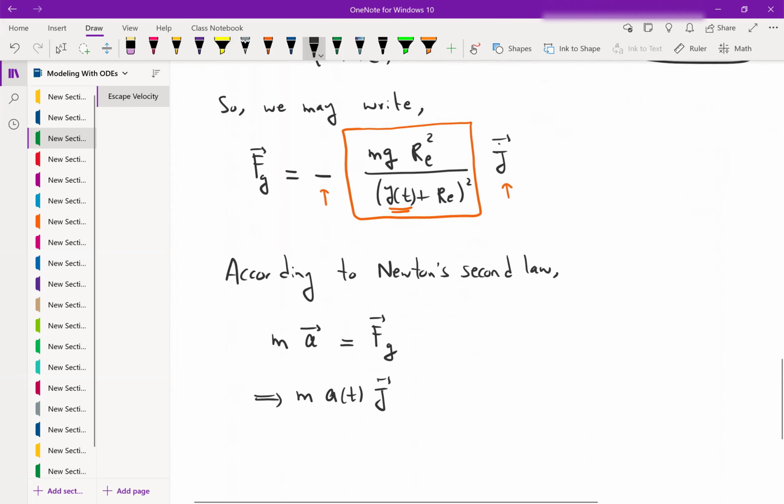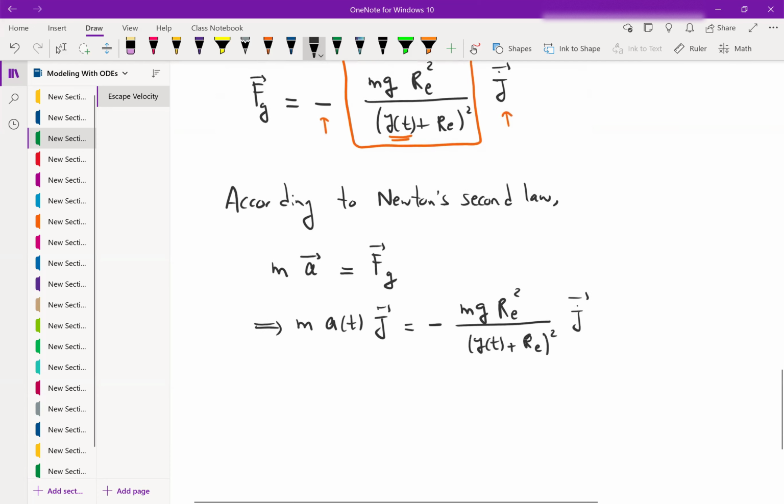A of t j is equal to, what was our Fg? I have it two lines above. So this is negative mg Re squared divided by y of t plus Re, all squared j. Remember, Re is the radius of the Earth.